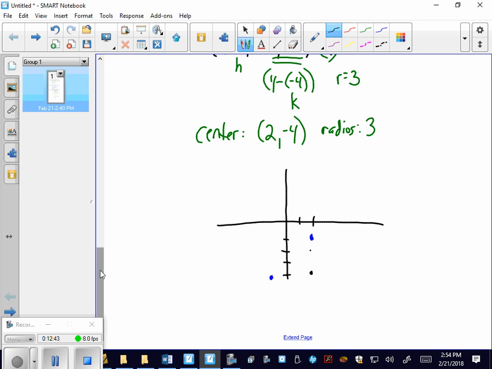So I'm going to have to draw some extra tick marks in here, I think. Something like that. If I move 3 units down, 1, 2, 3, and then if I move 3 units right, 1, 2, 3. Now that's not a very good circle. It doesn't look like I'm going to try and use the tool here, and I'm going to probably be way off. But that's the idea of the circle. So let's see how badly I did here.